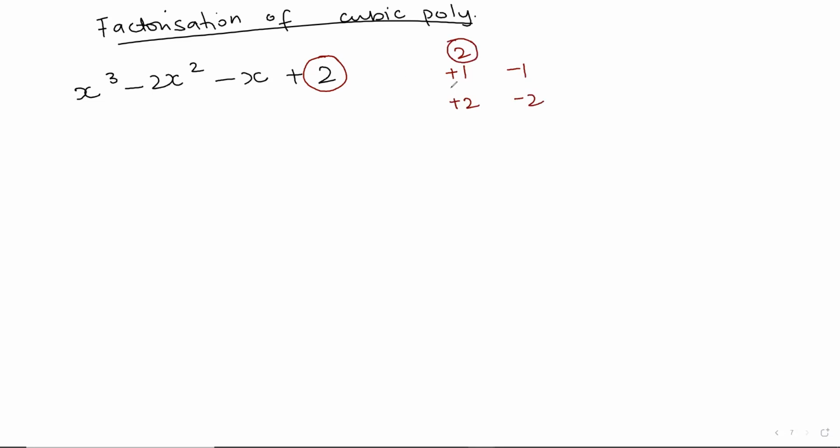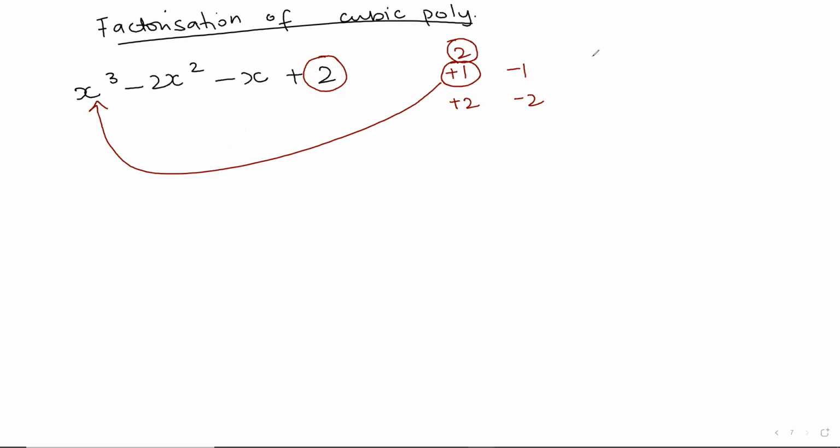So what we do now is we put each of these one by one into the value of x in this polynomial and we see whether it comes out to be 0 or not. If the whole polynomial comes out to be 0, let's just try it once.